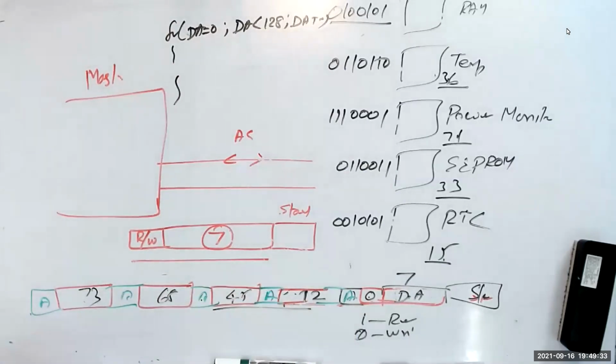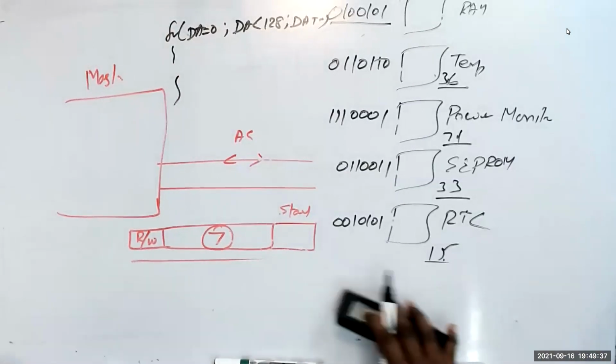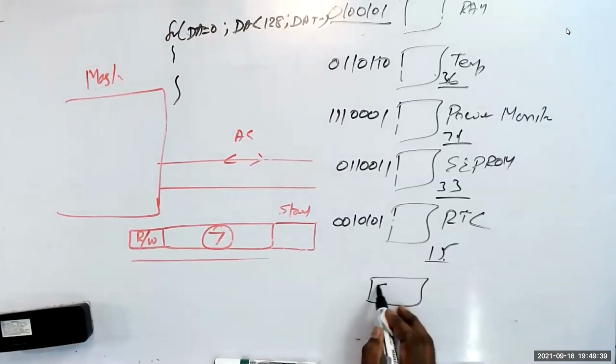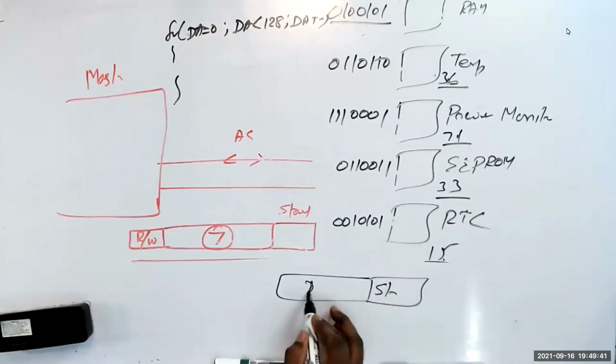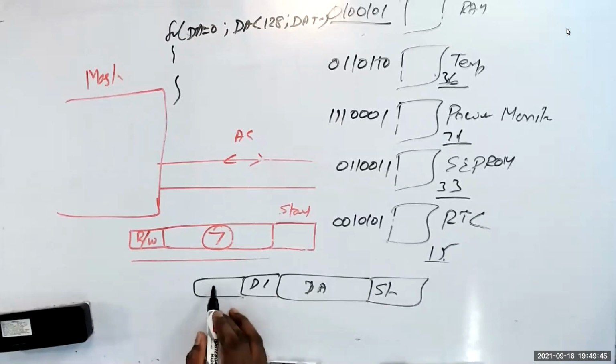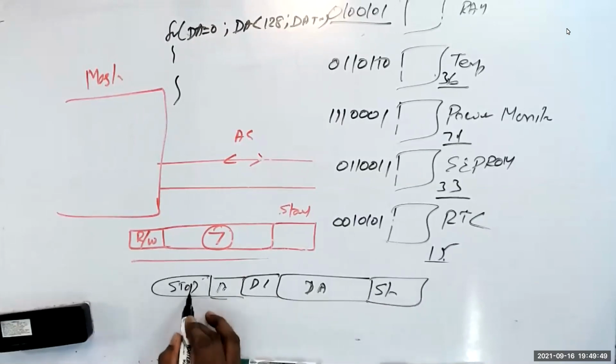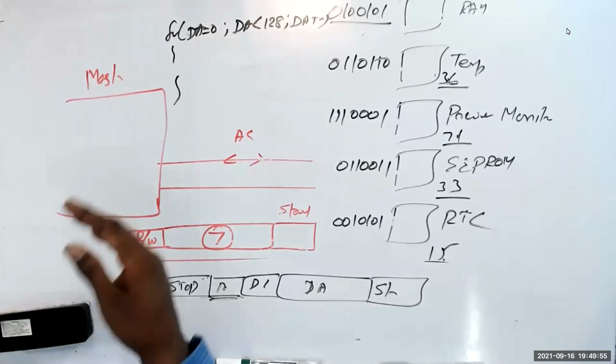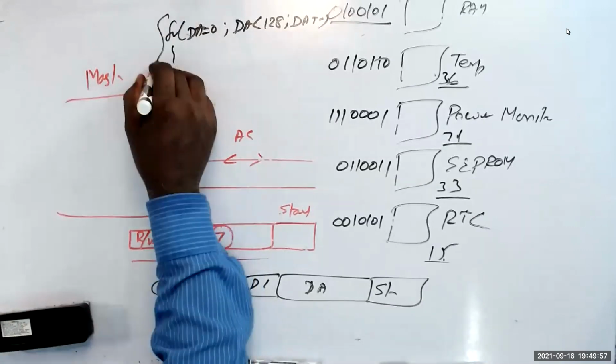I send the device address, and I will send only one thing: start, device address, read or write, then look for acknowledgement, stop. If you don't get acknowledgement, I know that device is not there. This is actually called a scan.